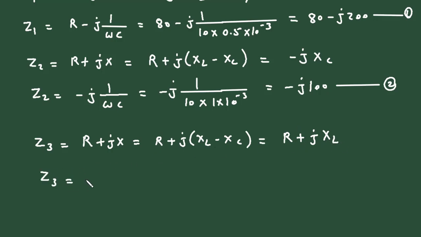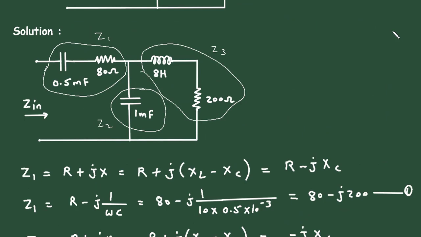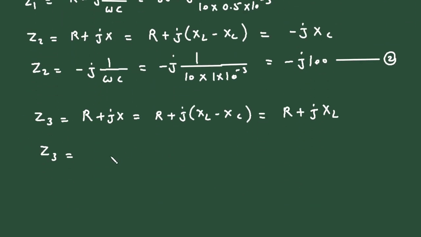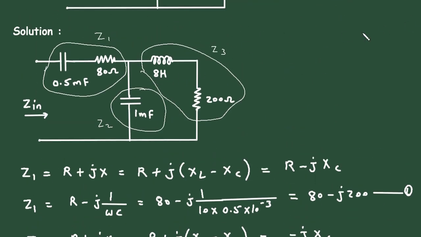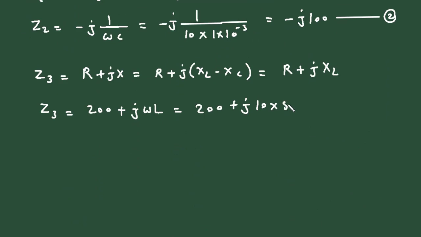So Z3 is equal to 200 plus j XL, and we can write XL as omega L. The value of omega is 10 into the value of L, which is 8 henry. So it is equal to 200 plus j80. This is equation number 3.